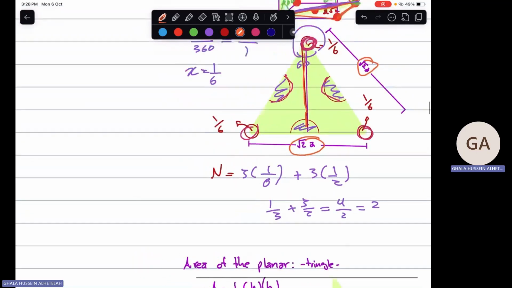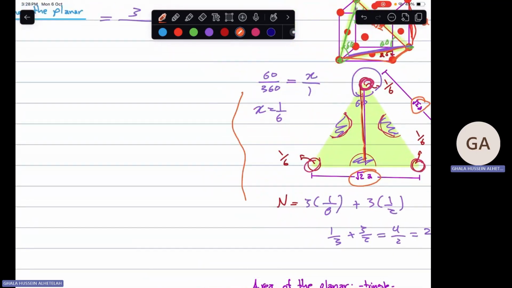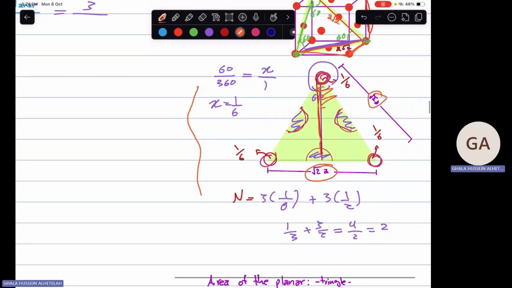Yes, we can find the height by using the Pythagoras theorem with this small triangle.